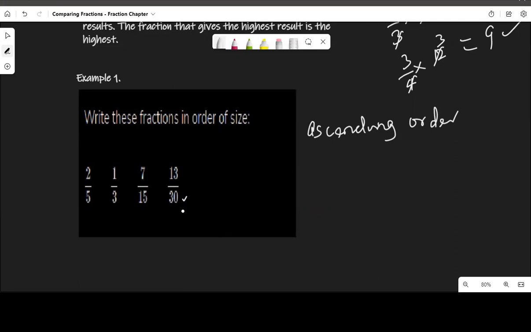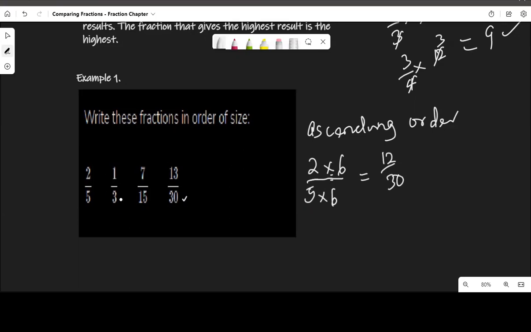That should be 6. So 2 over 5 is the same thing as 2 times 6. And whatever I do down here, I'm going to do up here, which is 2 times 6 is 12, over 30. That is the first fraction.